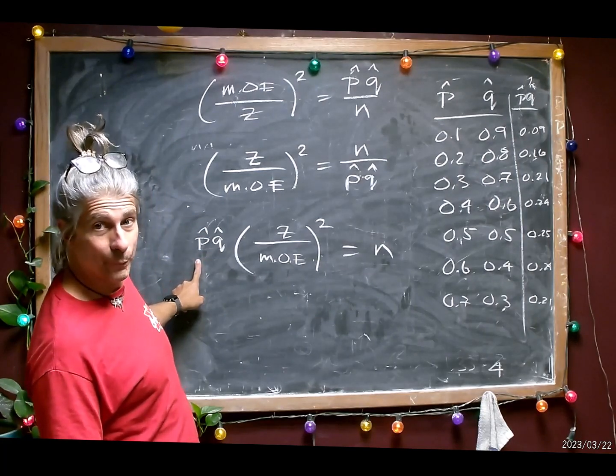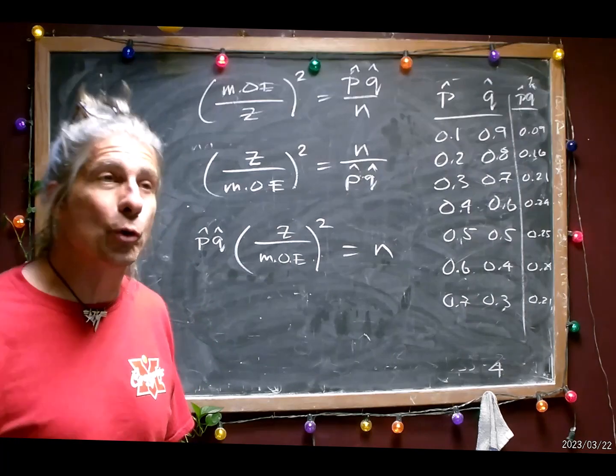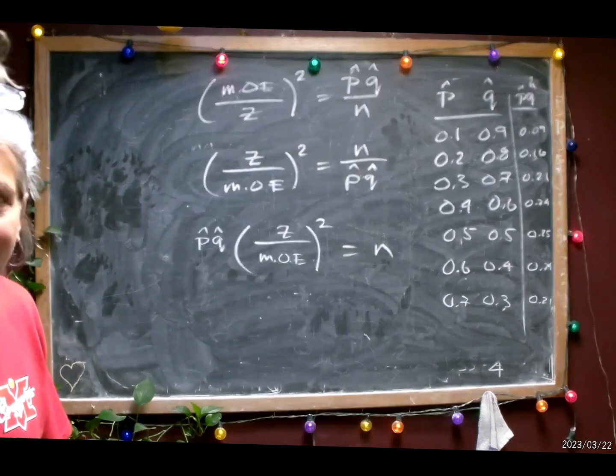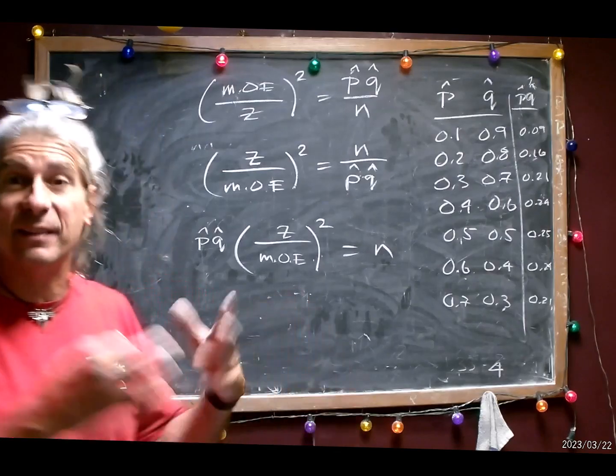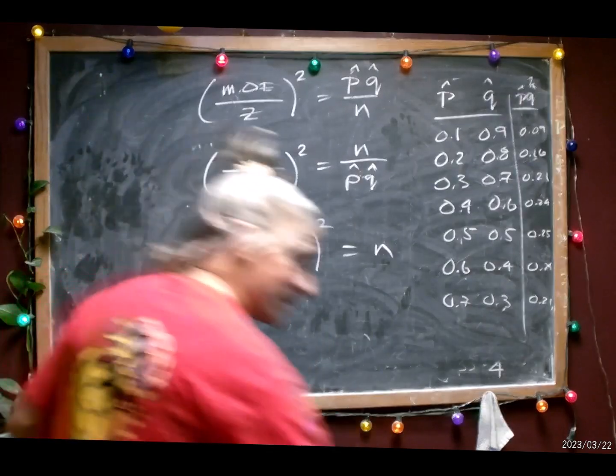I think so. So rather than assume some value of p hat, just set p hat and q hat equal to 0.5, and that makes the sample size as large as possible for confidence reasons.